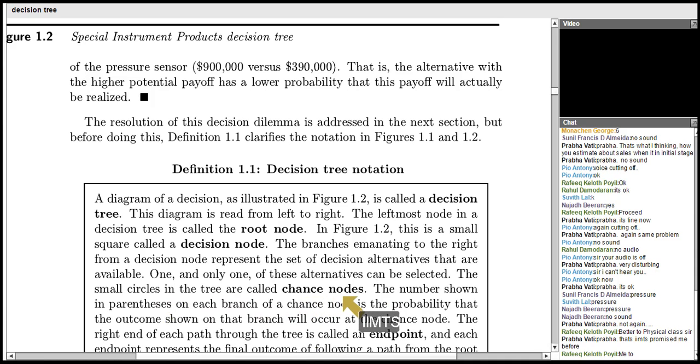So there are chances of these decisions succeeding. The numbers shown in parentheses on each branch of a chance node is the probability that the outcome shown on that branch will occur. So that's the probability that that particular chance will occur.